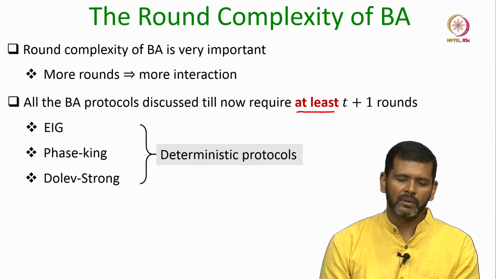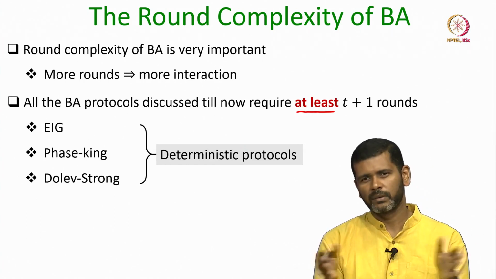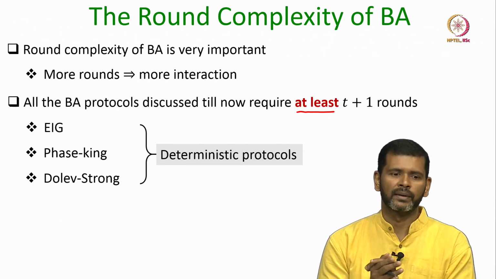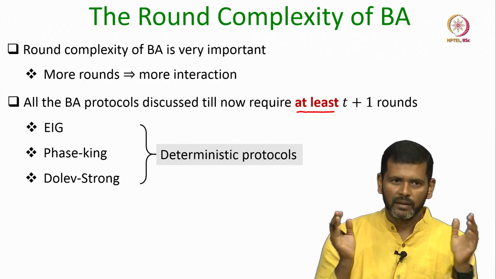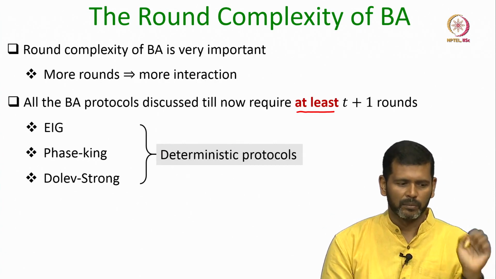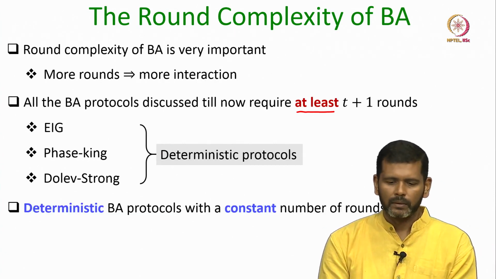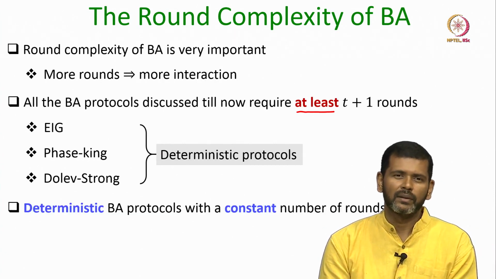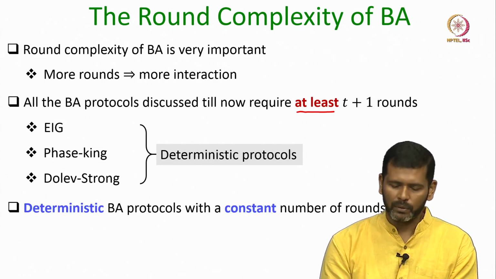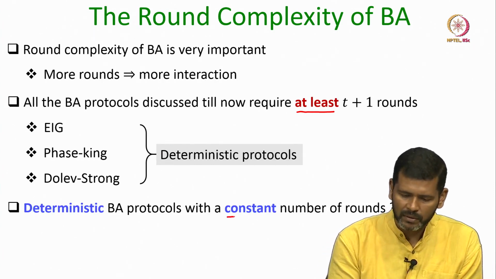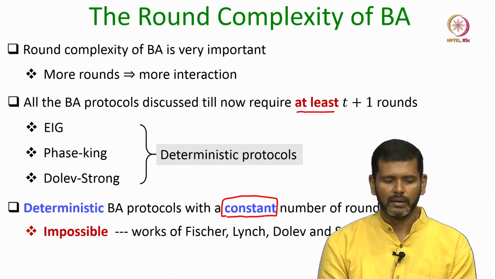All these protocols are deterministic protocols, namely the set of steps which are executed during the protocol execution remain the same if you fix your input. So, a natural question is, can we have deterministic BA protocols with a constant number of rounds, irrespective of the value of n and the value of t?